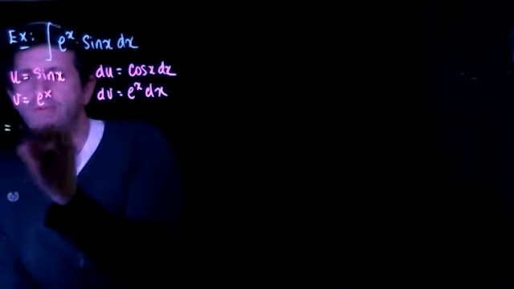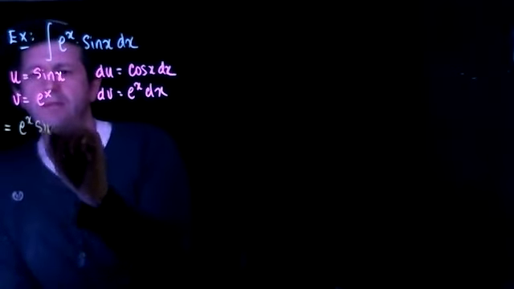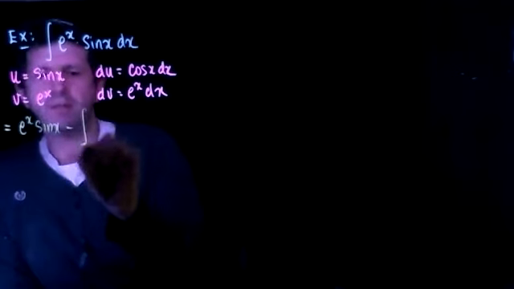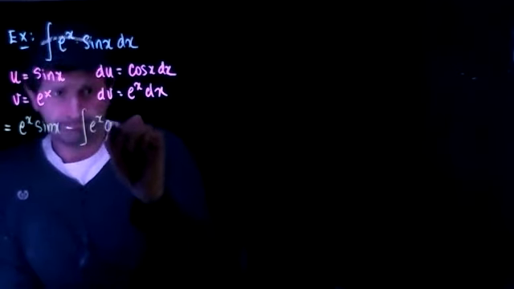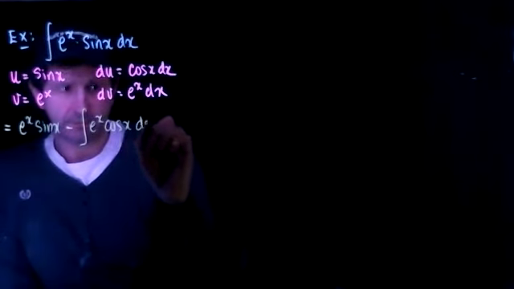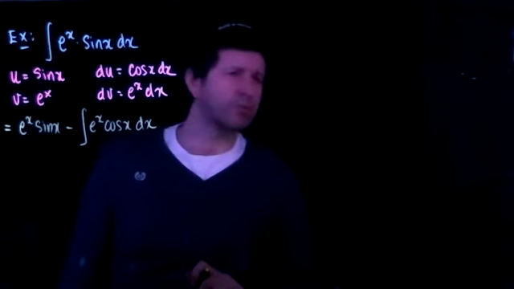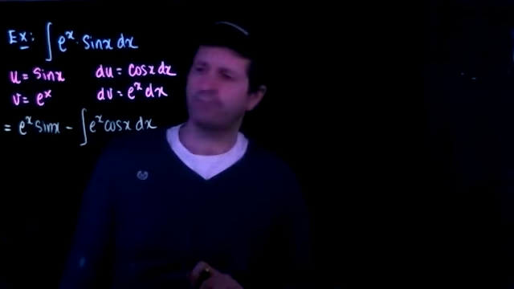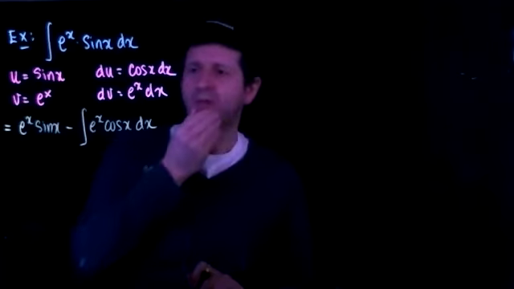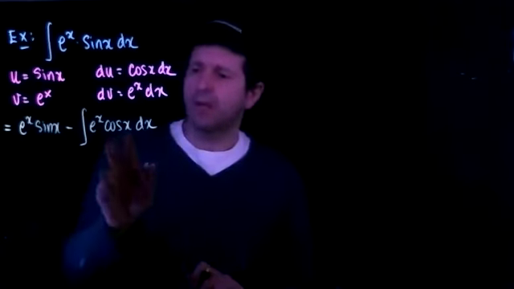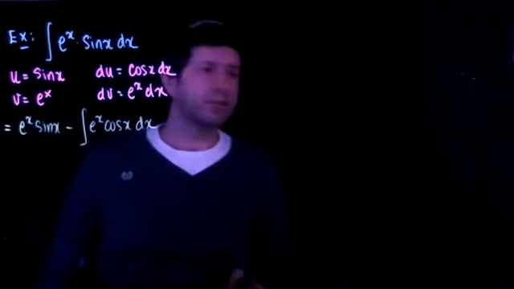So equals uv, so e to the x sine x minus the integral of v du, which is e to the x cos x dx. How do we do so far? No questions? Okay, this is straightforward, just like we did until now. And we have to evaluate this integral now. And we're going to do it by parts again.